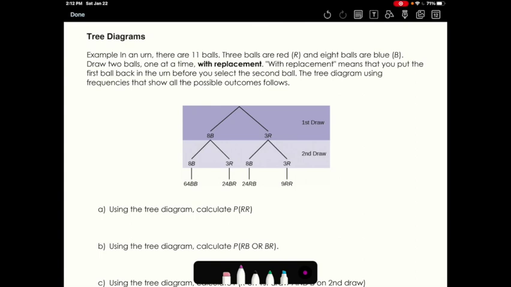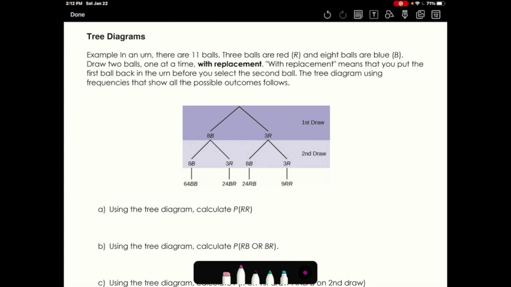This example is called with replacement, which means when I pick that first ball out of the urn, before I pick my second ball, I'm going to put that first ball back in. So it's like resetting the situation, and I'm starting at the beginning again, and nothing has changed.